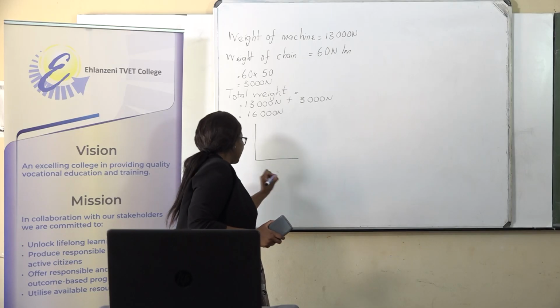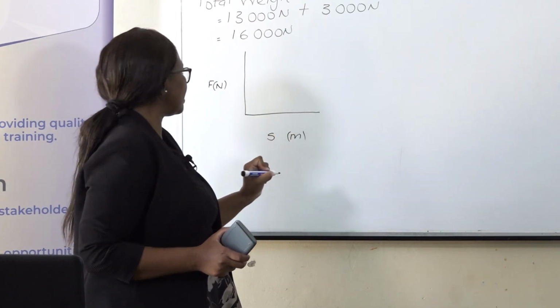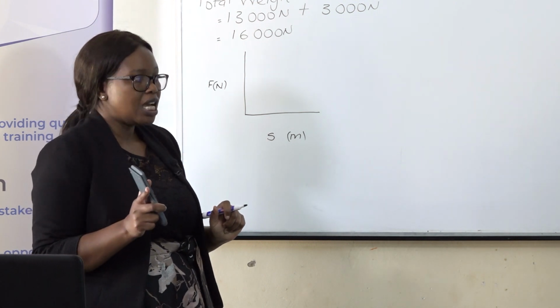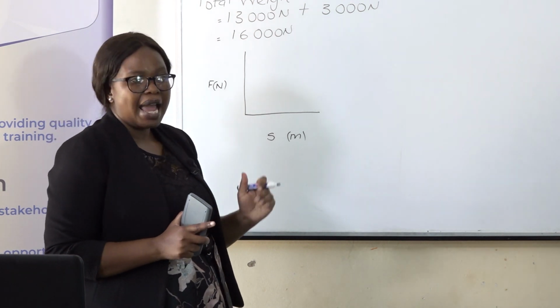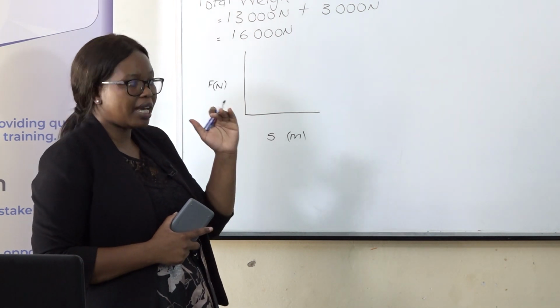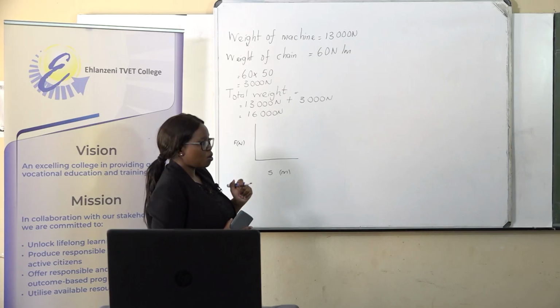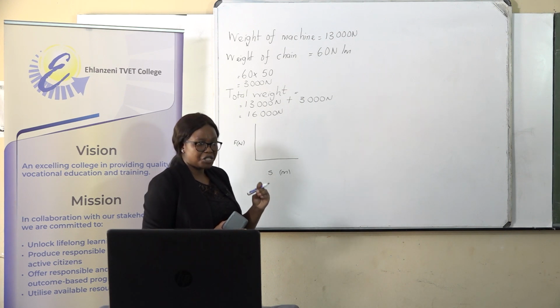And distance is measured in meters. Then, how many objects do we have? We have two objects. So we are going to put the bigger force at the bottom and the smaller force on the top. What is our bigger force? Our bigger force is the weight of the machine, and our smaller force is the weight of the chain.